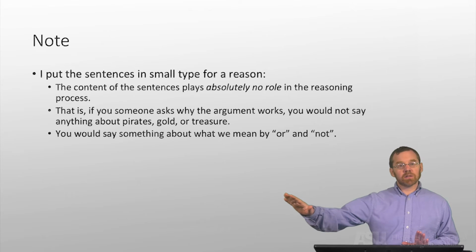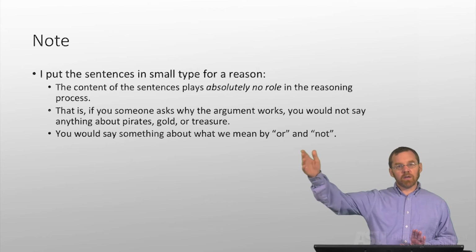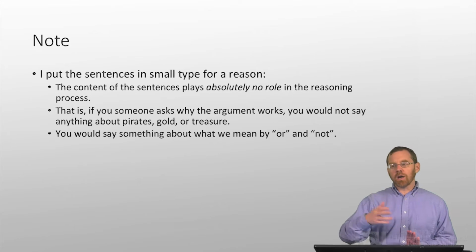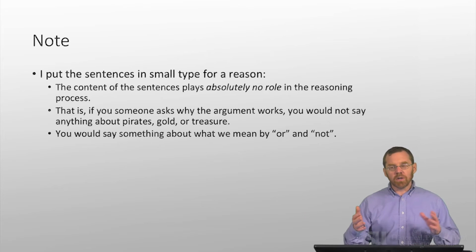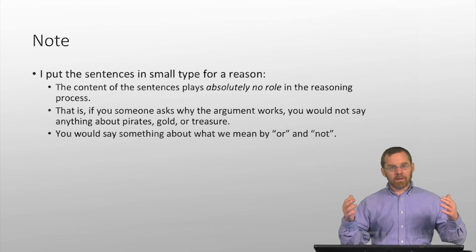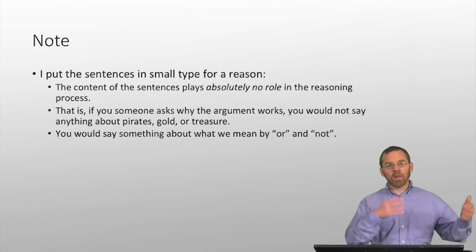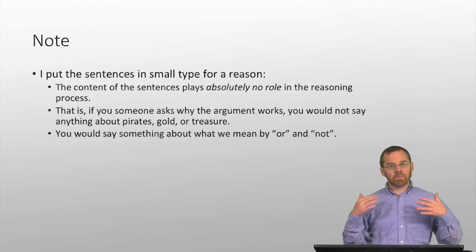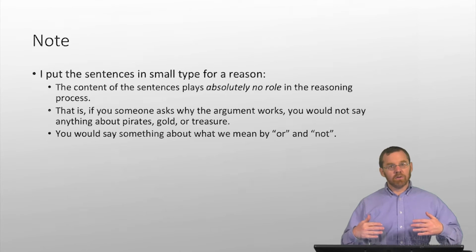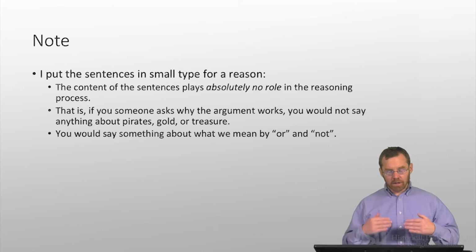Just like with syllogisms, if someone asked you how that weird argument about troparia worked, you wouldn't talk about what troparia were. You'd say, well, look, this is what "all" means. This is what it means to say all S are P. And just based on the form of the argument, you can tell that the argument works.